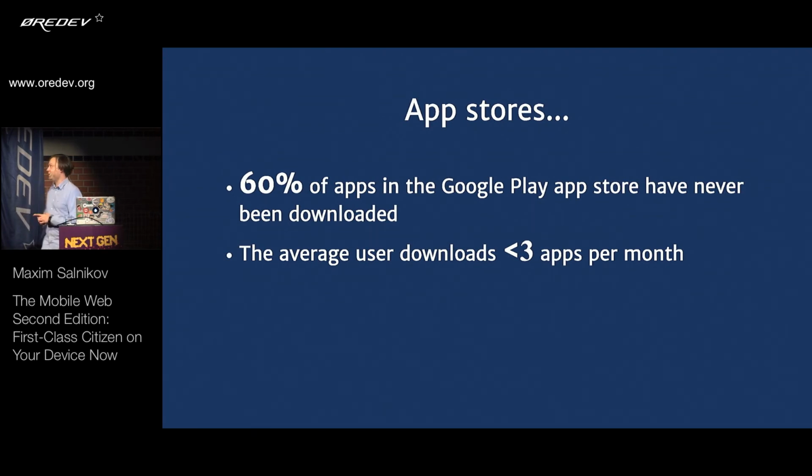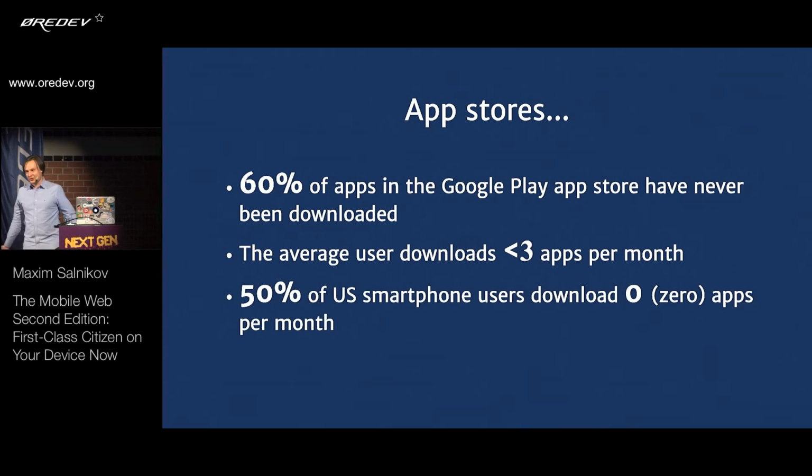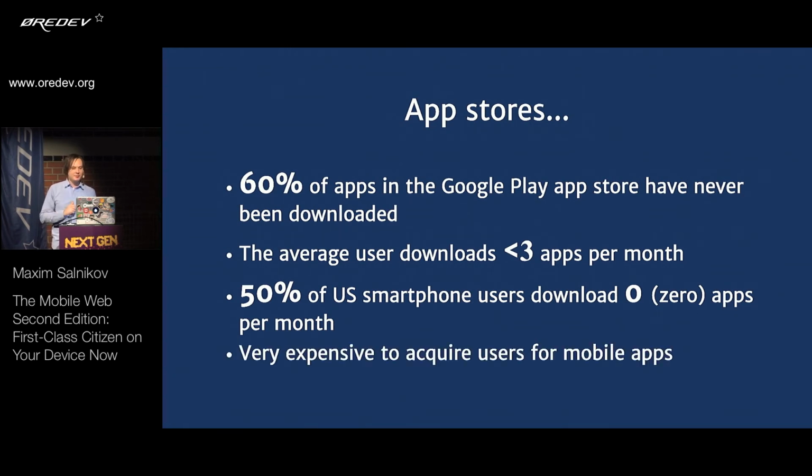On this slide, less than 3. It's not a heart emoji here. If these downloads go at all. So the numbers are quite frustrating. And the bottom line, it's really expensive to get new users for native mobile applications.